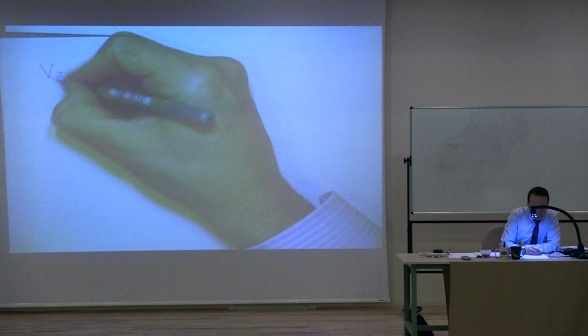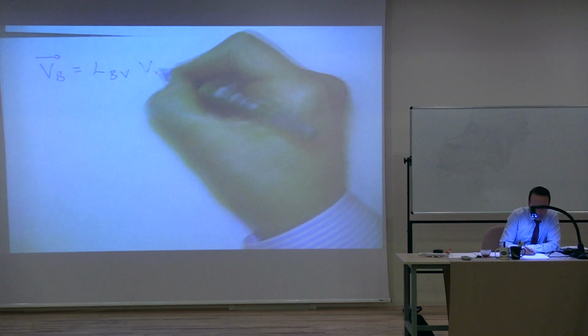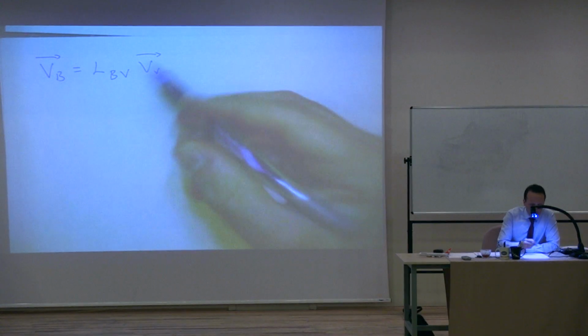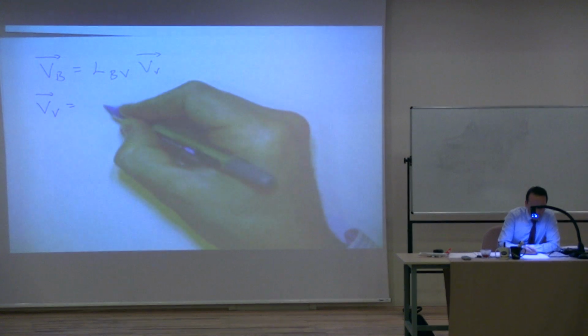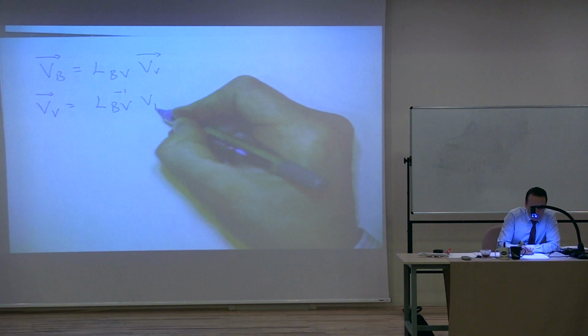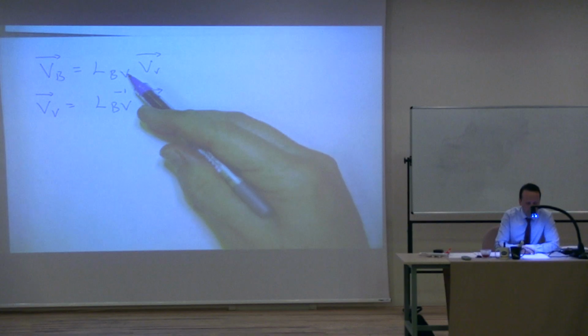You could say this one is equal to LBV times V. So this is a 3 by 3 matrix here, right? So it's equal to LBV inverse times B. So you could take the inverse of this matrix and obtain this thing.